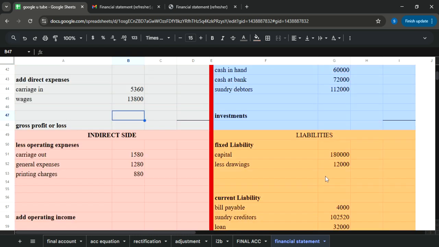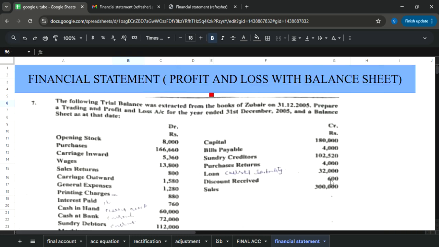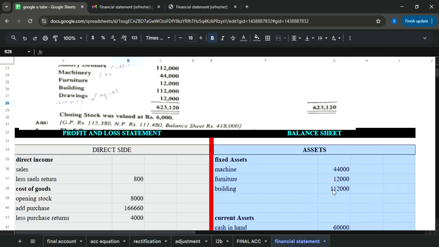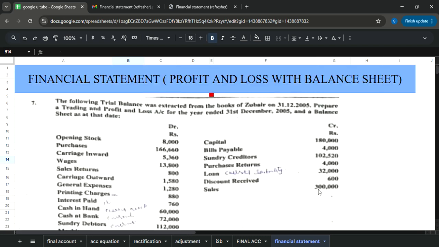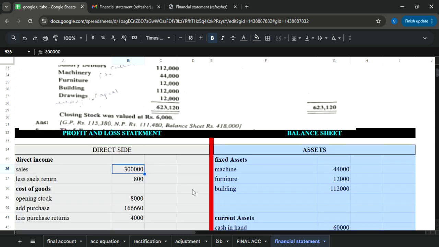After discount we have sales. Sale is part of direct income, already mentioned over here. Amount is 3 lakh. So you have mentioned 3 lakh over here. Now again I need your attention. Look at here, one amount of 6,000 is written outside the trial balance.